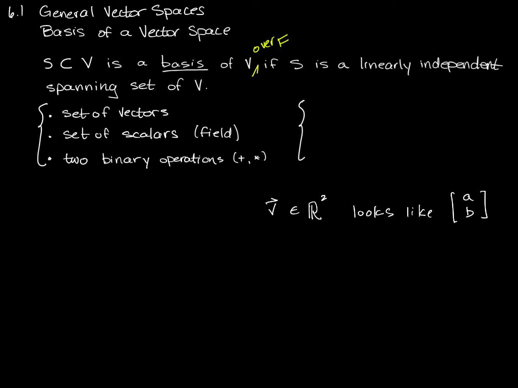If I want to create a basis for this, one way to do it is to take two vectors. I need two because I'm in R2. Think of how they would look in a matrix as a row-reduced matrix. I'd have those two columns in a matrix row-reduced all the way down to reduced echelon form.